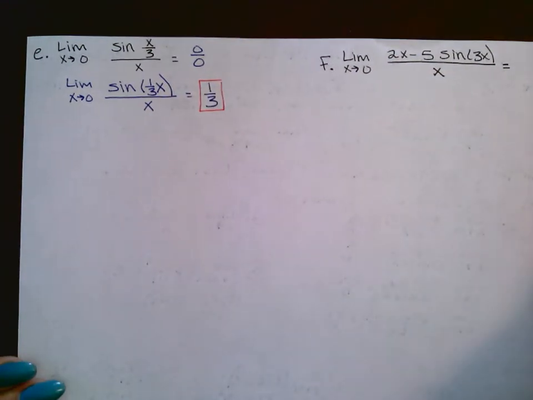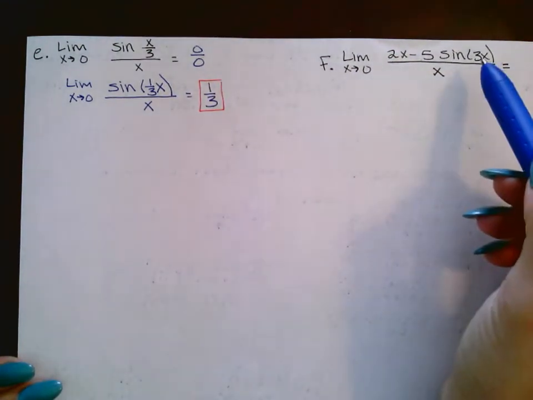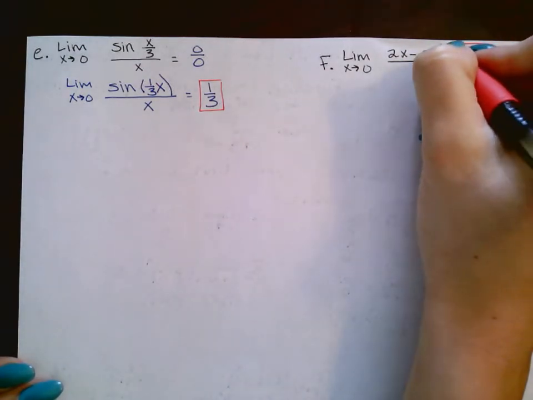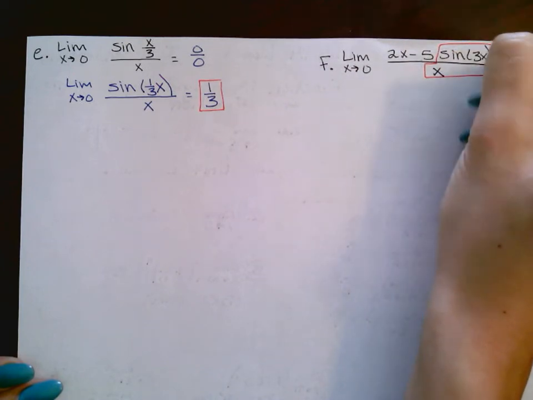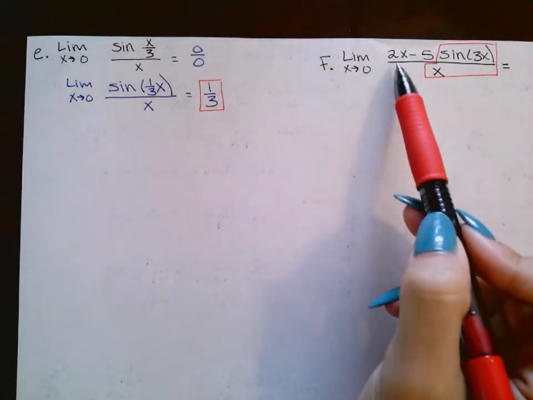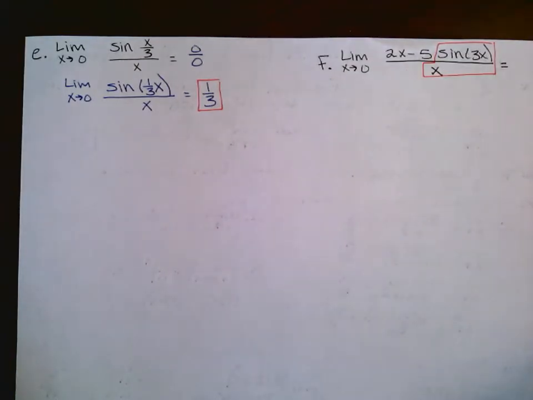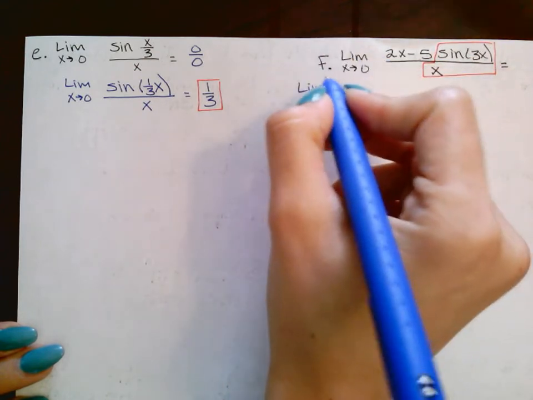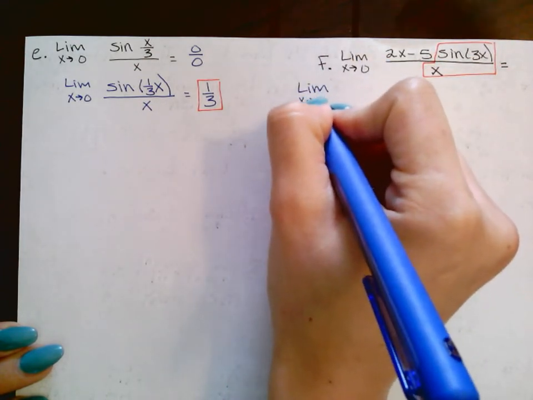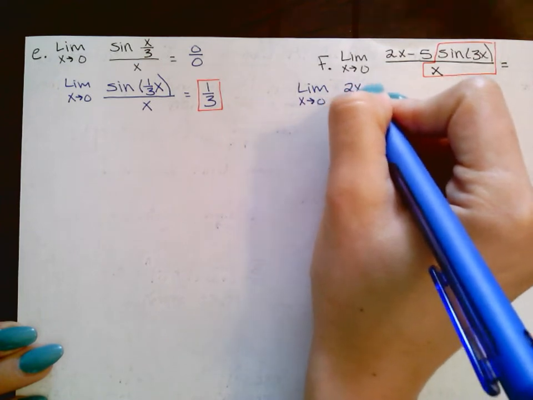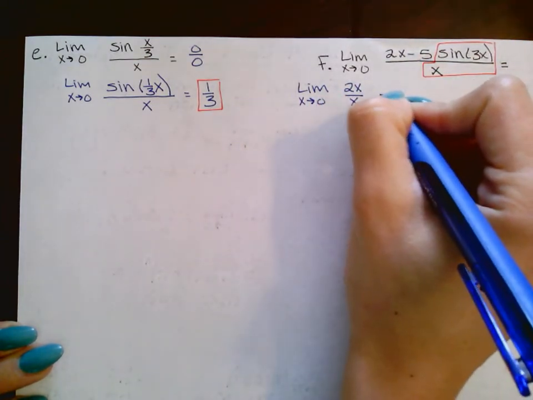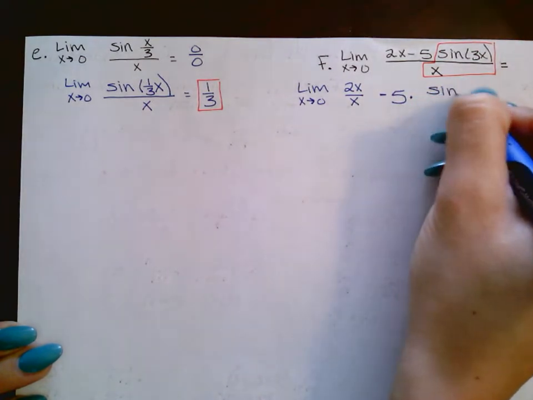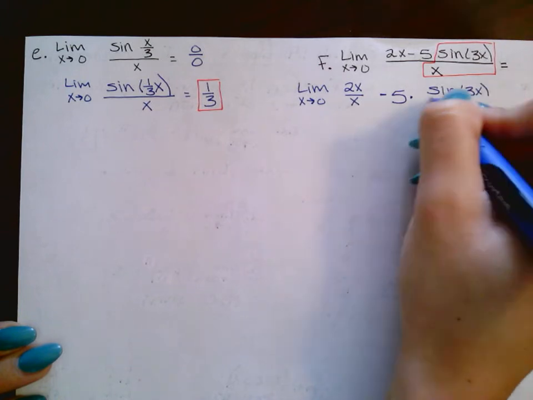This next one is definitely a harder one to spot. I can kind of see that in here, I have one of those special trig limits. You guys see that there? Remember that I can split this into two questions. So I can say the limit as x approaches 0 of 2x over x minus 5 times sine of 3x over x.